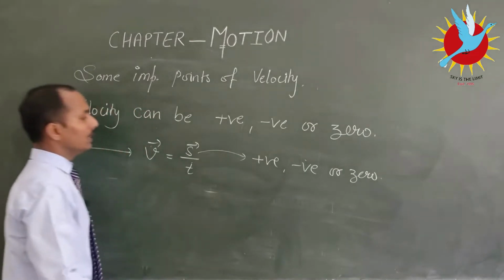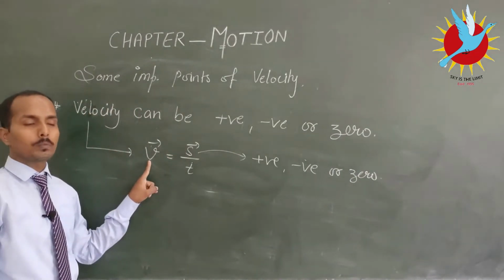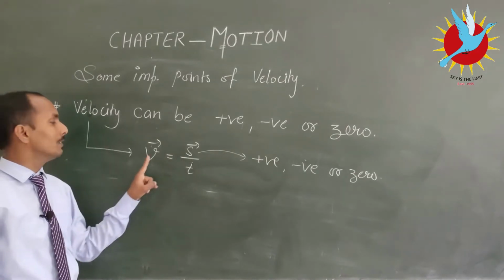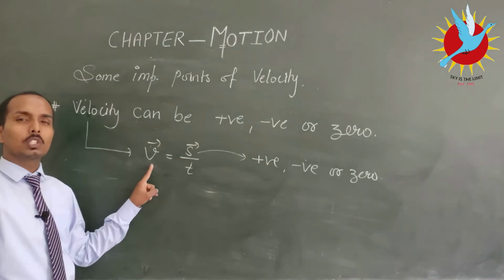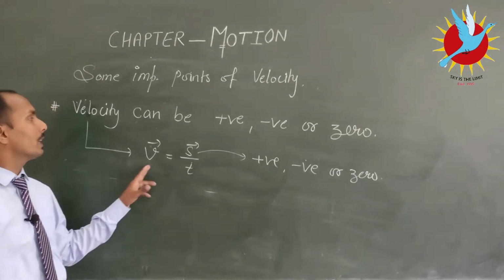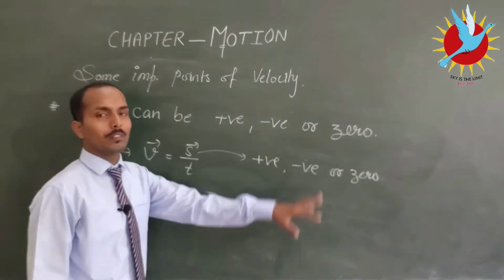Similarly, if displacement is positive, then velocity is also positive. If displacement is negative, then velocity is also negative, and if displacement is zero, then velocity is also zero. So velocity may be positive, negative or zero.